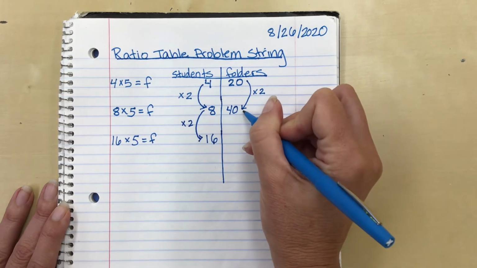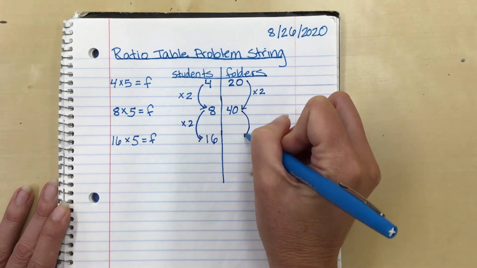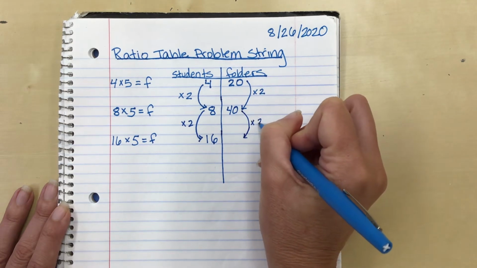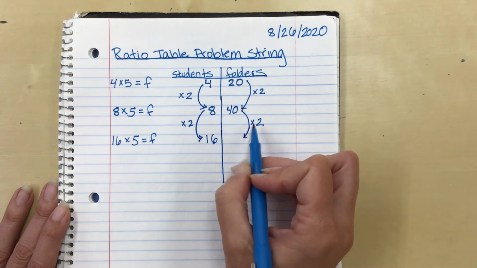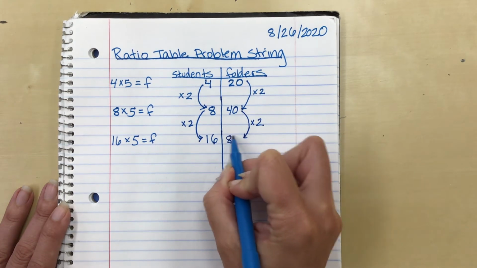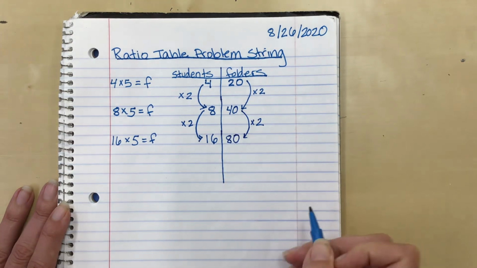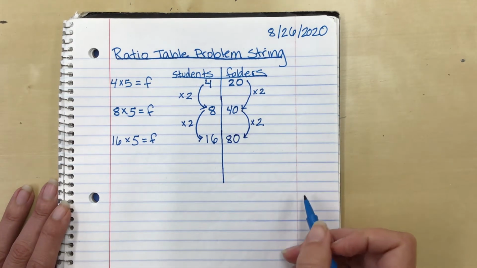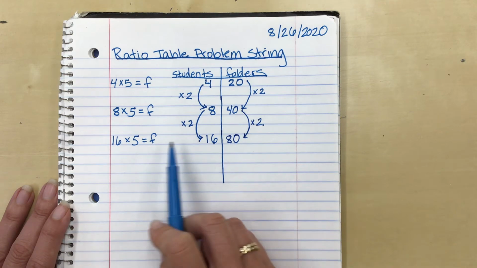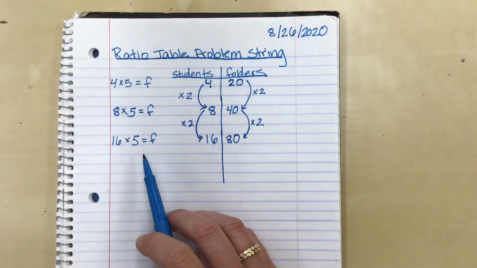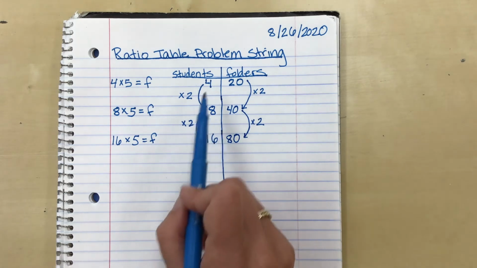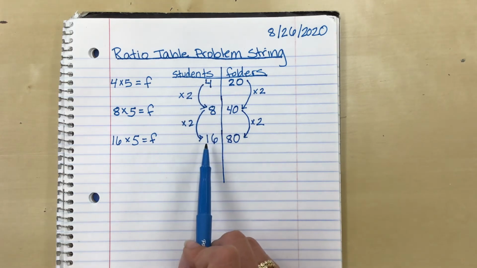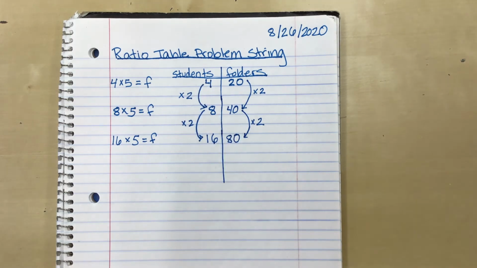I can do the same thing over here with 40 times 2. 40 doubled gives you 80. So look at that. If someone were to say to me, what's 16 times 5, without doing the rest of that, I would have to think. But if I have already started this work, I just have to double 40. That is a lot easier for me.